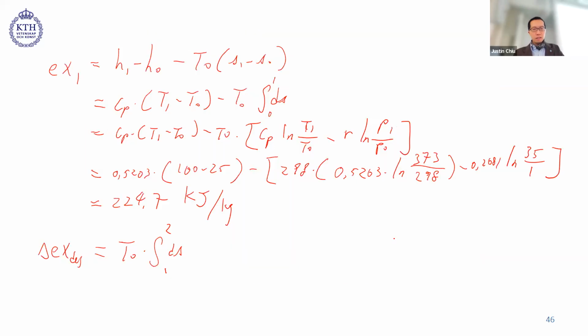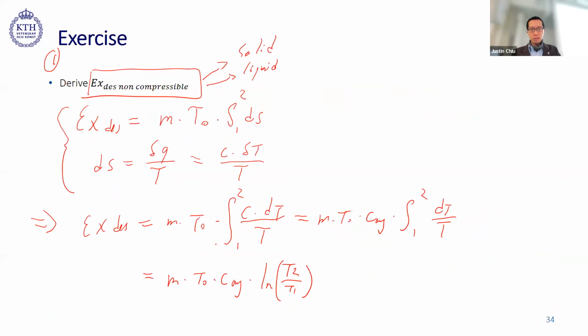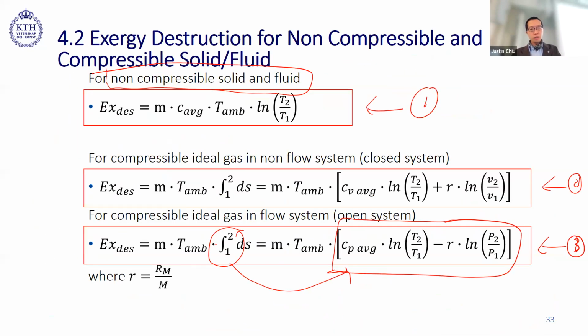And then this one would give, so we can go back to where's the equation here? Here, so exergy destroyed is this whole thing, right? And then in this specific case, at least from this exercise, we can consider the temperature as constant in this specific throttling.